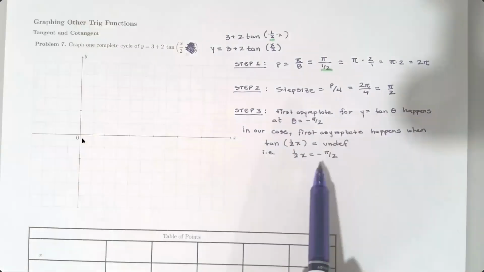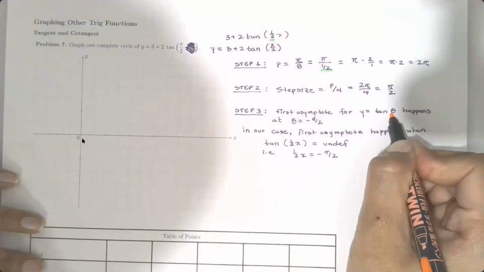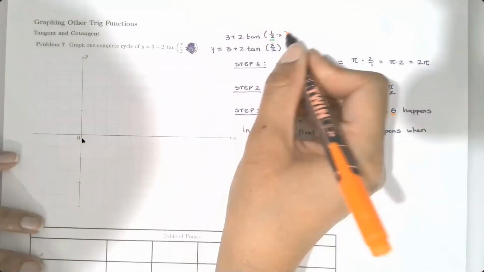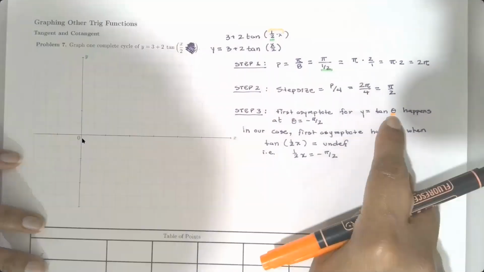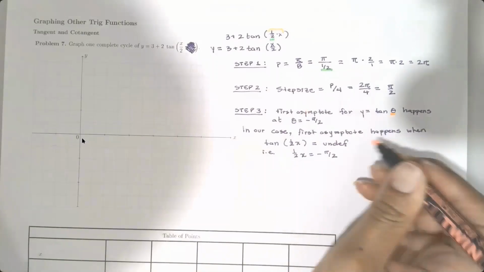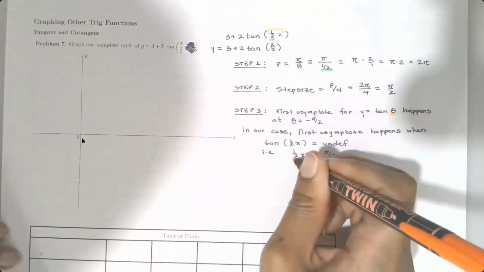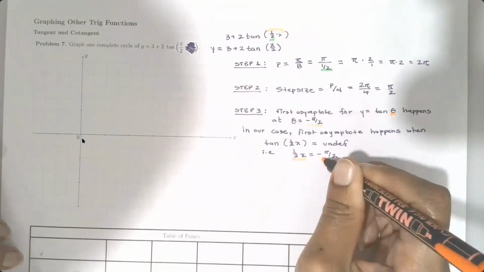Okay, so I'll color code this. You can think of this theta as standing in the place of this 1/2 x. When theta is -π/2, tangent of theta is undefined. So in our case, that means that we want the 1/2 x to be this -π/2.